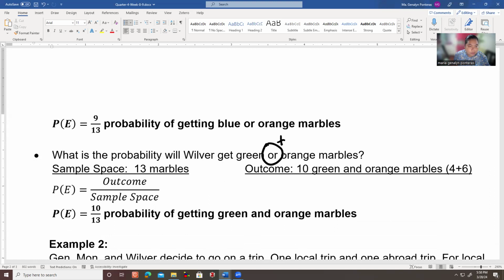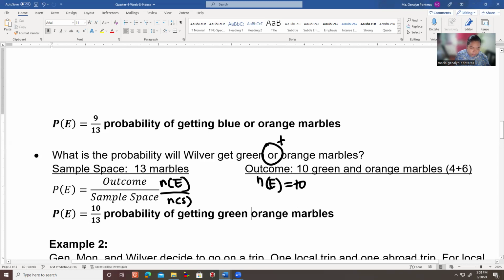So 4 plus 6, n of E over n of S, the cardinality of E over S. You have 10, so 10 over 13. So Wilbur has a probability of 10 over 13 of getting green or orange marbles.